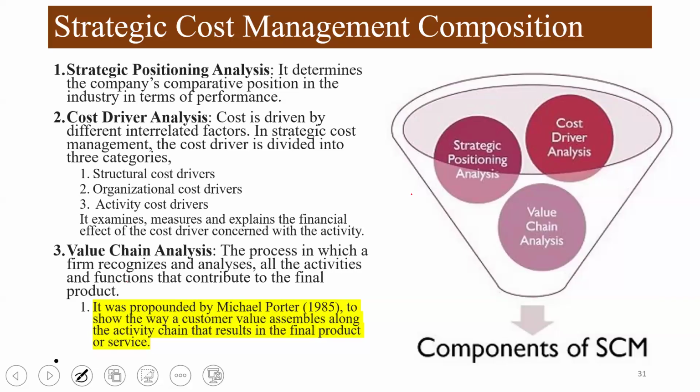Try to understand what analysis it lets you do, and how it can apply from your supply chain perspective, what sort of benefits and improvements you can achieve using that. So this is the strategic cost management composition, with three things.